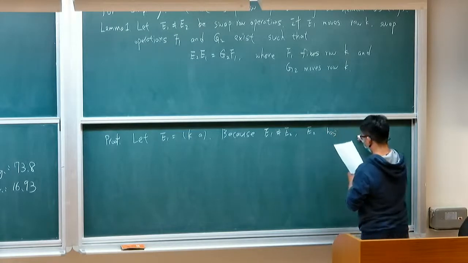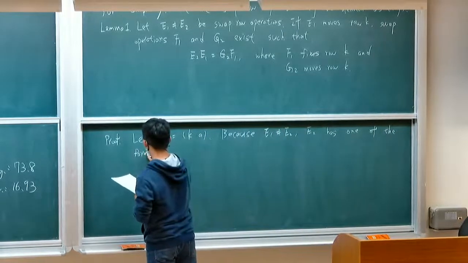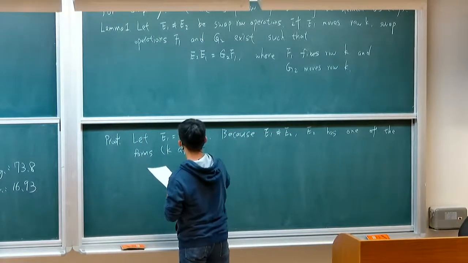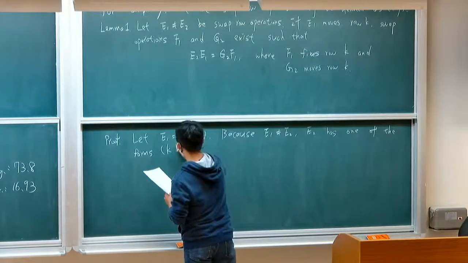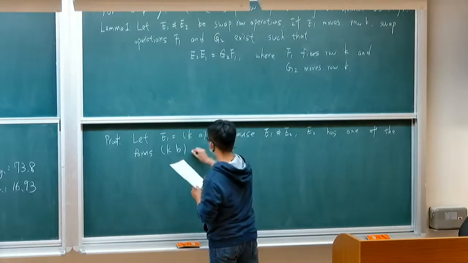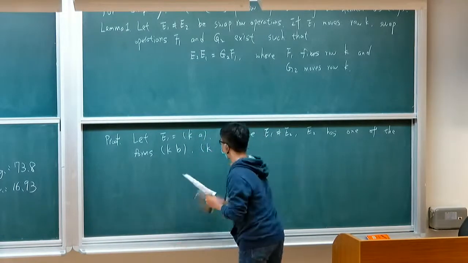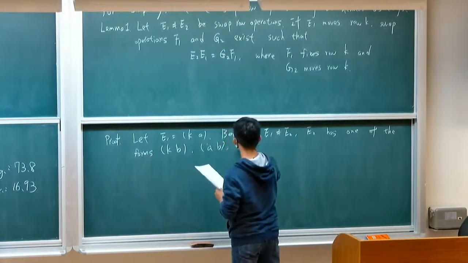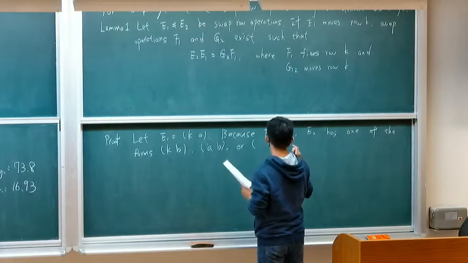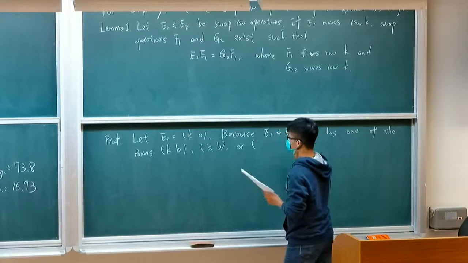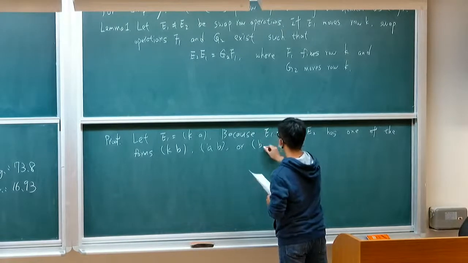The first possibility is that E2 also moves row K, or E2 moves row A, or E2 moves neither row K nor row A, so we suppose E2 moves two other rows.